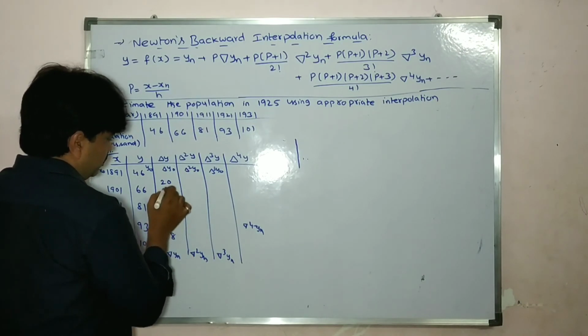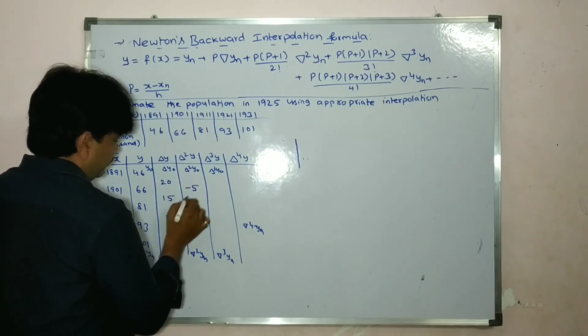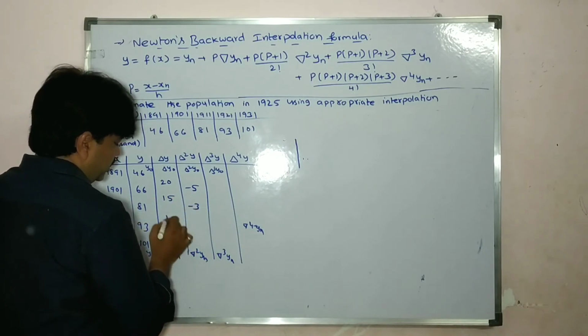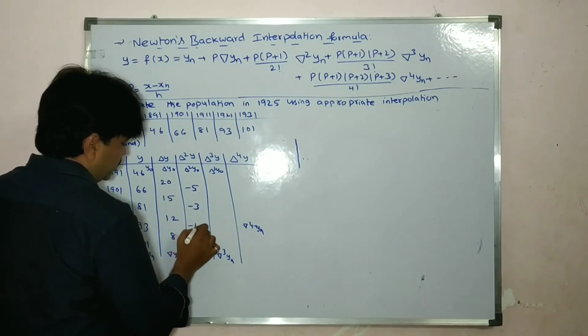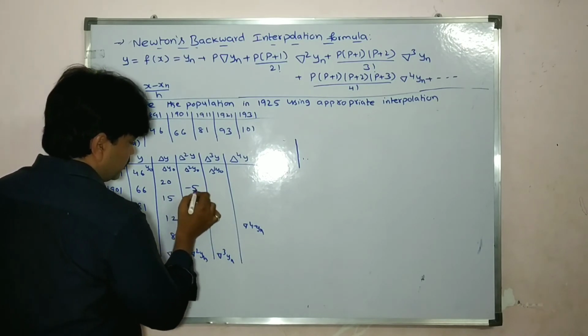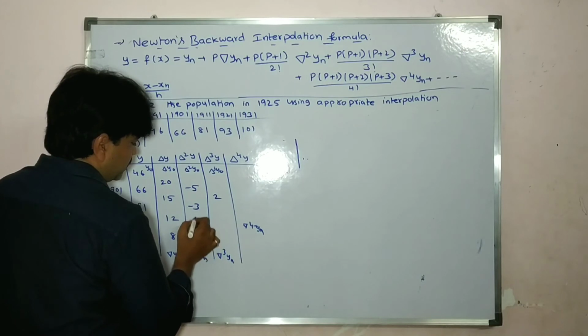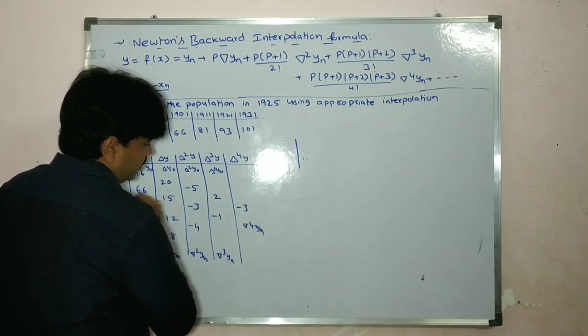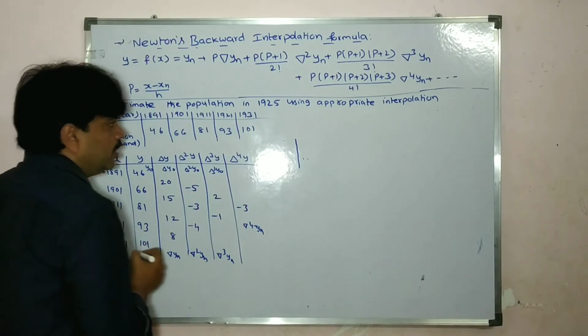Del square: 15 minus 20, minus 5. 12 minus 15, minus 3. 8 minus 12, minus 4. Then minus 3 plus 5, 2. Minus 4 plus 3, minus 1. Then minus 1 minus 2, minus 3.